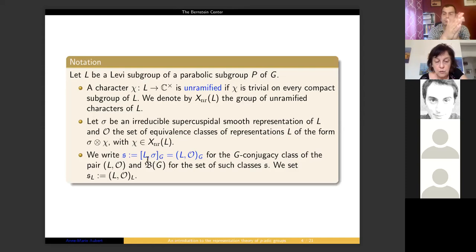We consider the set of such classes and denote this set by B(G). In the particular case where the conjugation is inside L, I will denote it by S_L.